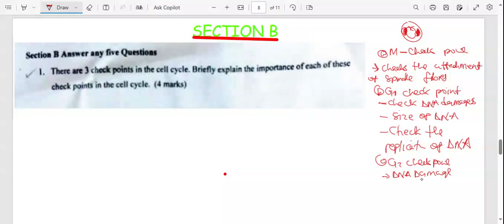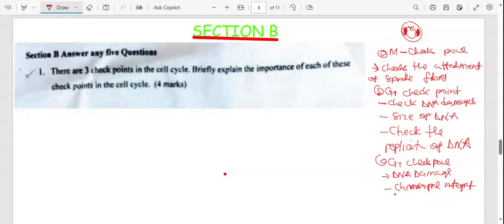So it will check the DNA duplication and also the chromosome integration. All right, has the chromosome integrated, has it grown? Okay, then that's about this checkpoint.